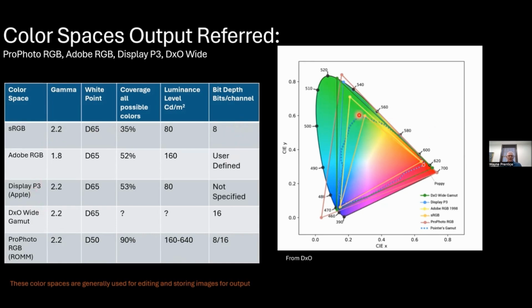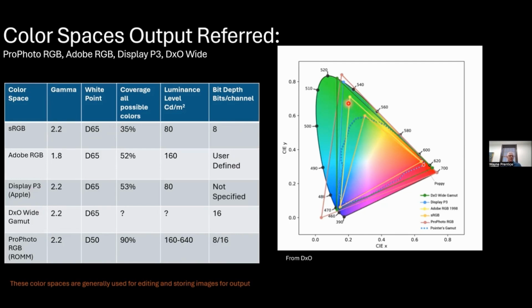Adobe RGB, you can see, is a little bigger here. It's in the yellow. And it covers 52% of all possible colors, and it handles a higher light level. It has somewhat of a lower gamma, and that's been around forever, especially for users of Photoshop.